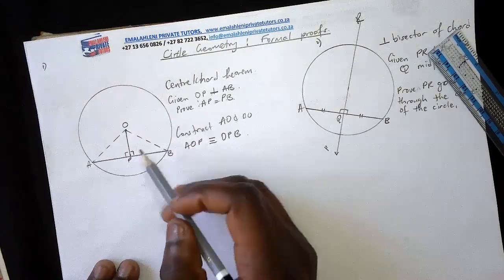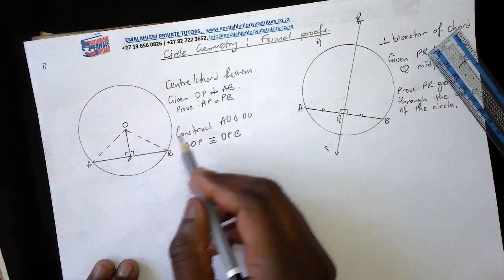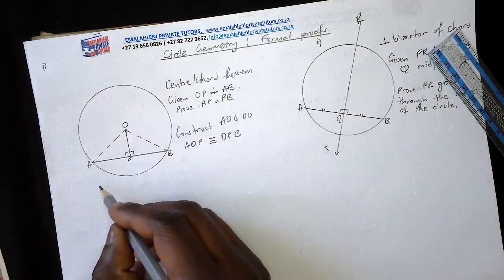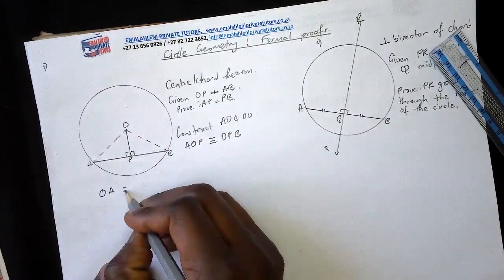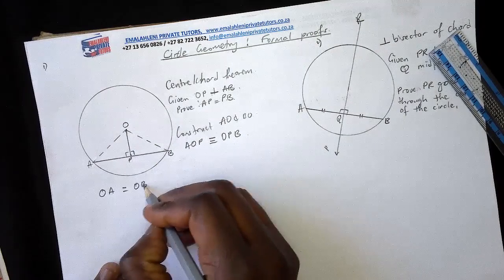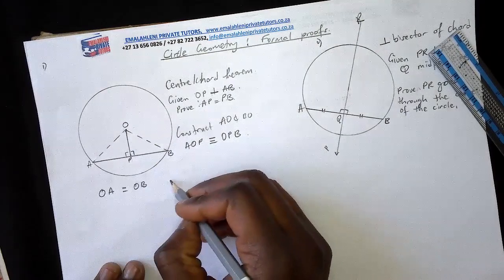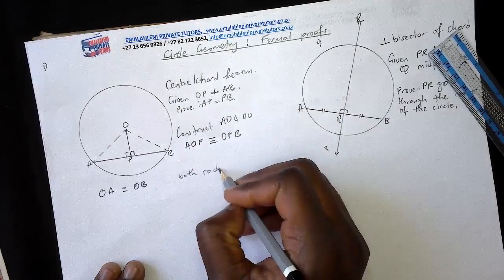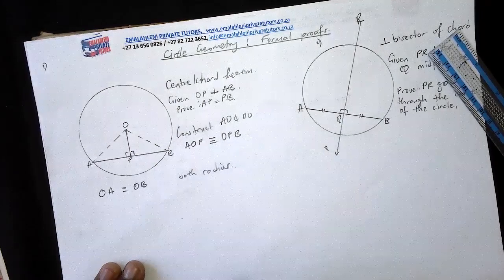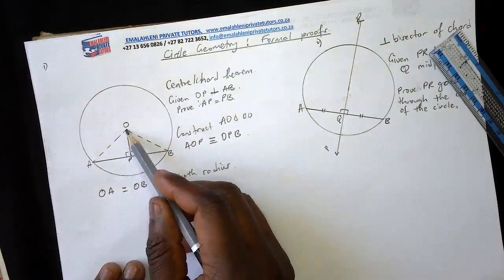So how are you going to do that? You can see from here, in these two triangles, we can start with OA is equal to OB because they are both radii. Both of them are radii, from the center to the circumference.